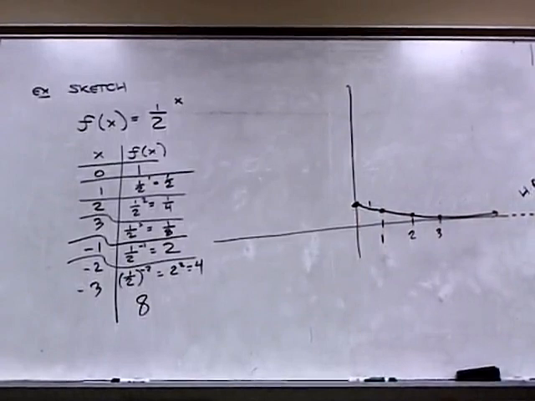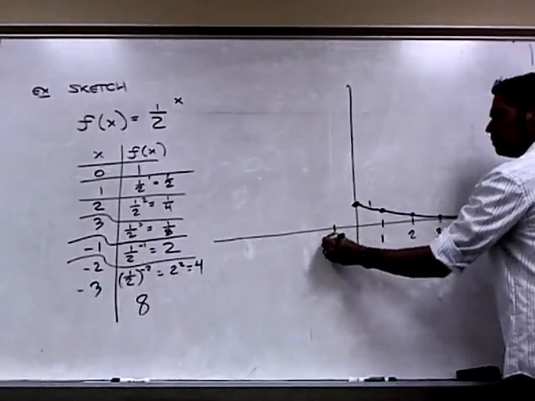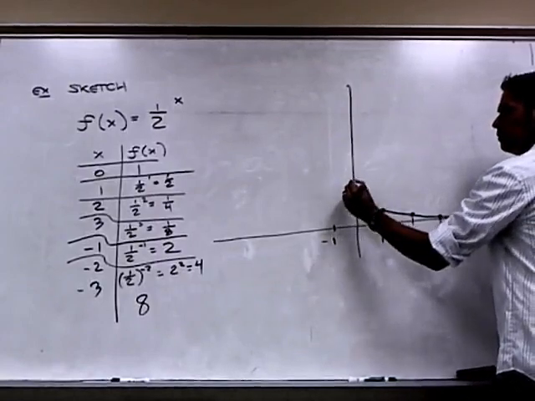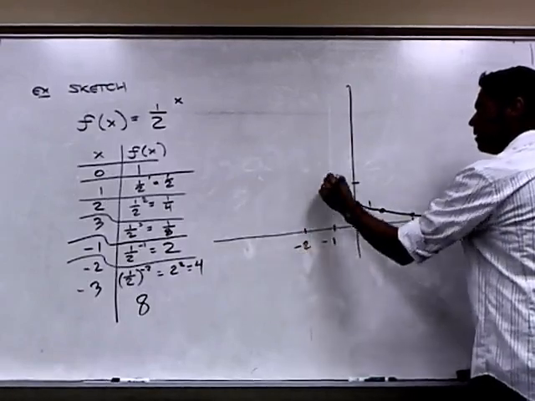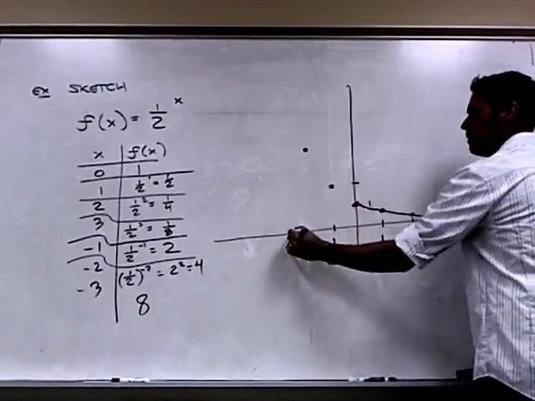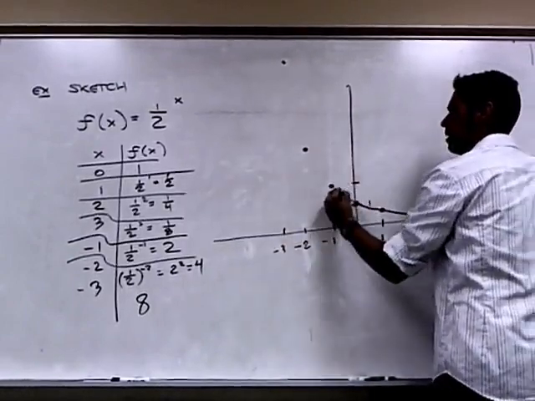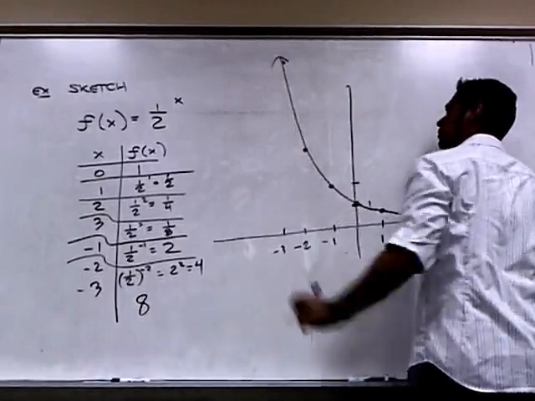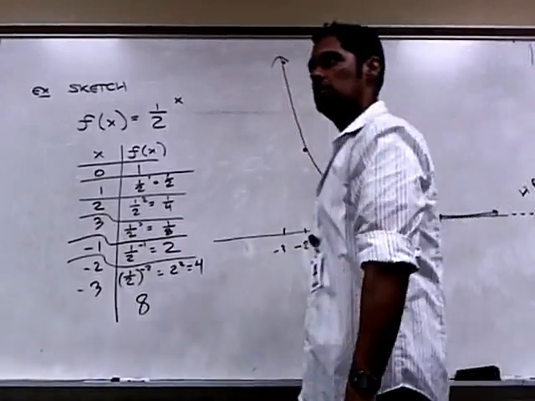As I go the other direction, at -1, I'm at 2. At -2, I'm at 4. And then at -3, I'm at 8. So it goes like this. Very similar to the other one, isn't it just kind of flipped over?